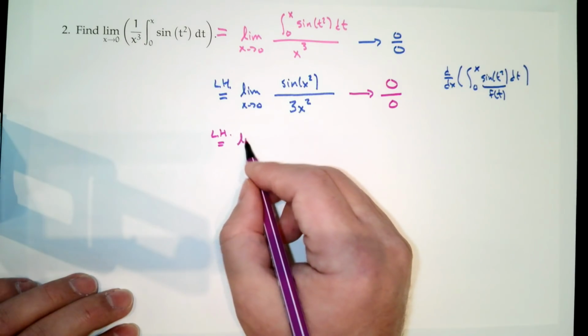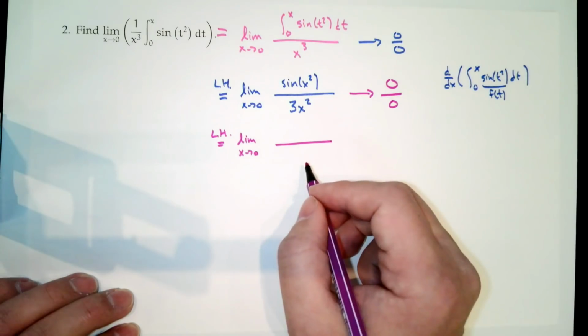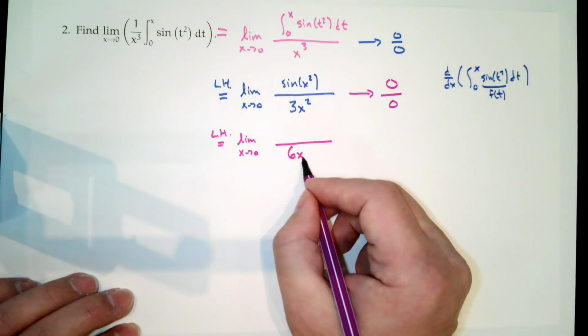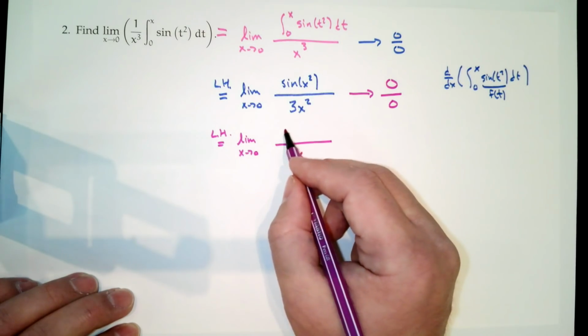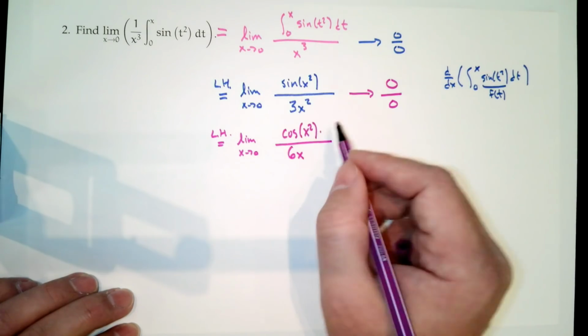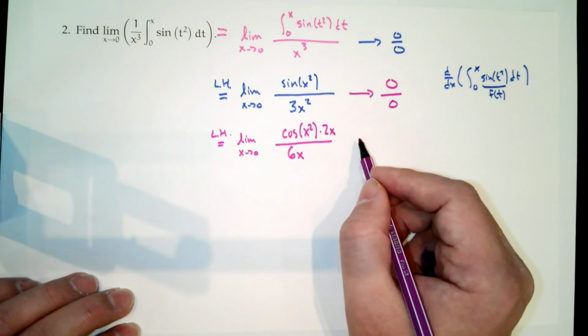Okay, limit, x goes to 0. Downstairs, what do we have? 6x. Upstairs, well, what do we do? Derivative of sine is cosine. Inside, x squared, times the derivative of the inside, which is 2x. And what does this go to? Well, it goes to 0 over 0.